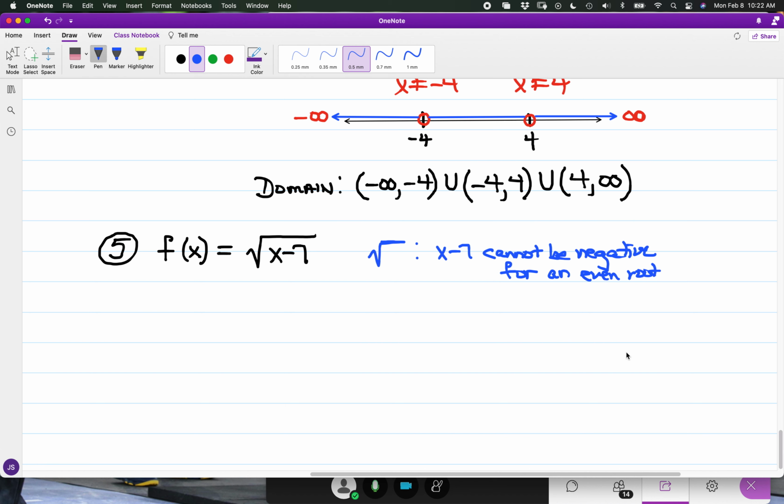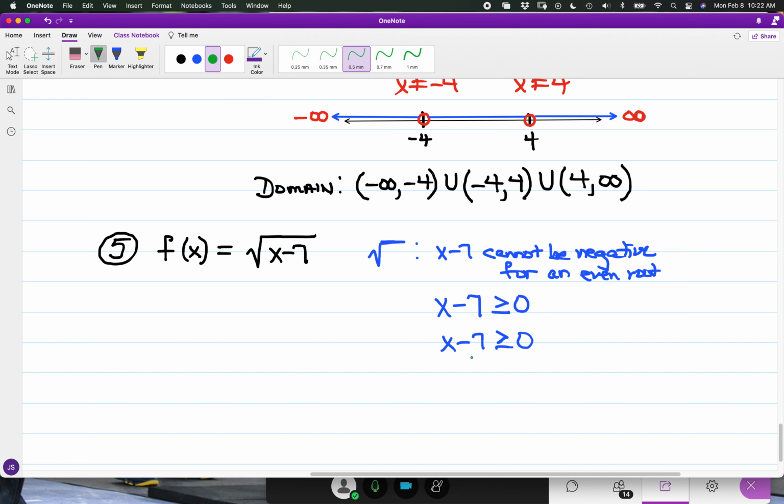In terms of the symbolic notation, x minus 7 can be equal to 0 because you can have the square root of 0 in direct fashion, and it can be positive. So for the inequality, we have x minus 7 is greater than or equal to 0, pinpointing the domain for this function.